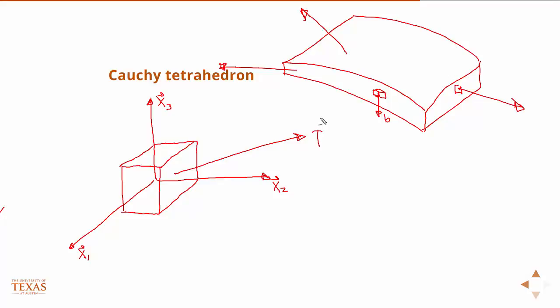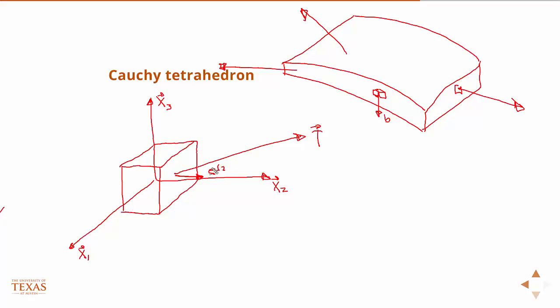So I'm going to call this guy T, and it's a vector. Just to keep things very explicit, T is not necessarily normal to that face. But the normal vector to that face, I'll write as E2.